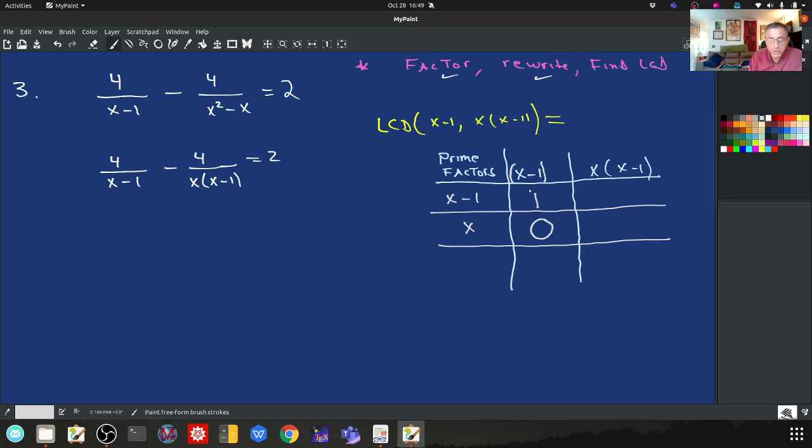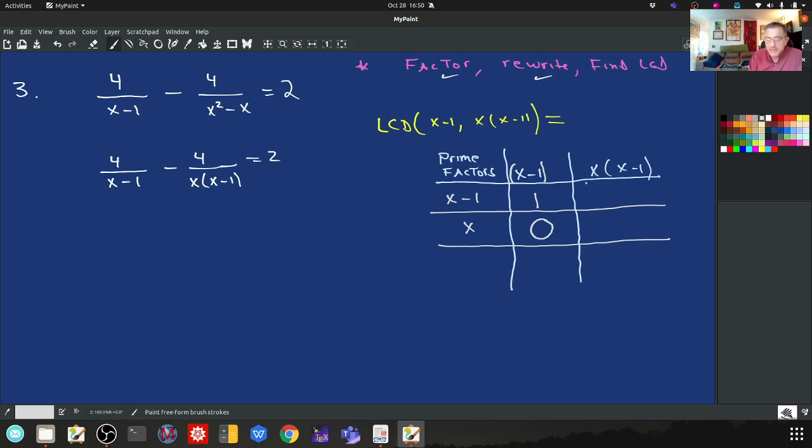X is not a factor of x minus 1. I cannot factor out an x from x minus 1. It doesn't matter that it has an x right there. The value of the factor is x minus 1. So 20 has a factor of 10, but 20 minus 1, which is 19, doesn't have a factor of 10.